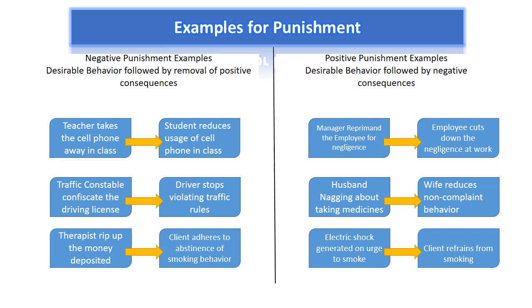Similarly, an electric shock is given whenever the individual has an urge to smoke, and as a result the client refrains from smoking. So due to the punishment received, the client refrains from smoking.